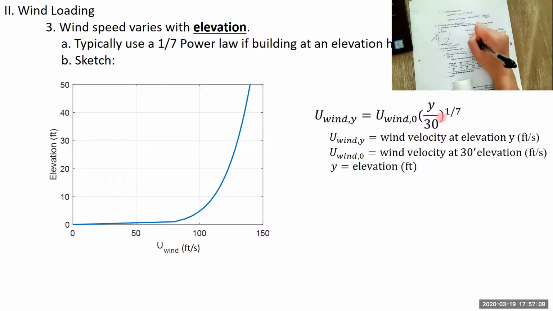And then finally, y is your elevation in feet. That's because this 30 is due to that 30-foot elevation where you typically measure wind speeds. So make sure that you're careful with units in this equation.